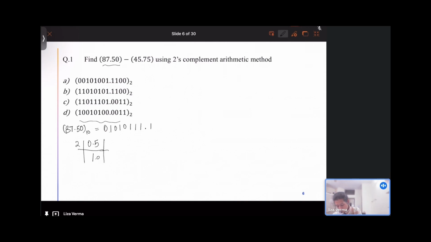Okay, so you write it as 0.1, and the digit before the decimal is taken out, and since 0 times 2 is again going to give us 0, we won't take more multiplication steps. The digits here are taken downward, as opposed to the number before the decimal, right? So 0.5 is written as 1 only, and 87.50 is represented by this array of digits in binary.